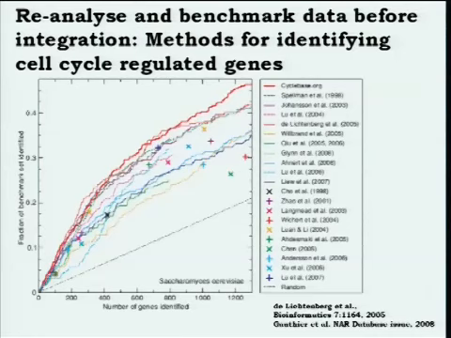But here what you see for yeast is that we have the number of genes that we deem periodic on the x-axis, and then we have a quality indicator on the y-axis. We have some benchmark sets that we use to benchmark the different methods. How many of these benchmark genes that all agree should be periodically expressed in a given organism can we identify?